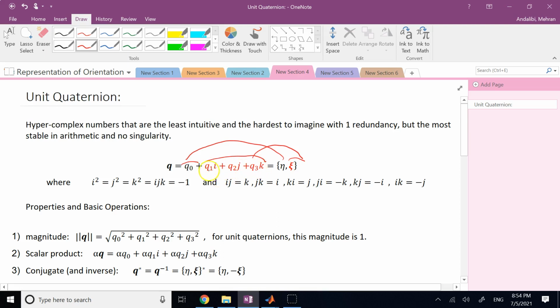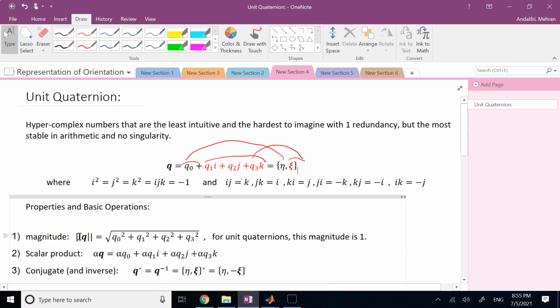It has three components, q1, q2, q3, and eta is the real part of it, which is q naught. So they show it also with eta and zeta. That's the same thing, just squeezing the three imaginary parts into a vector zeta. Okay, so these are just some of the notations and some of the principles when they define these hypercomplex numbers, the unit quaternion. That's what they had to define to make it work.